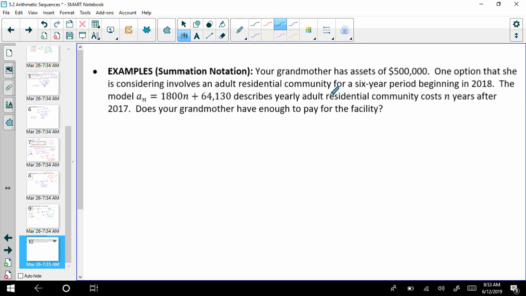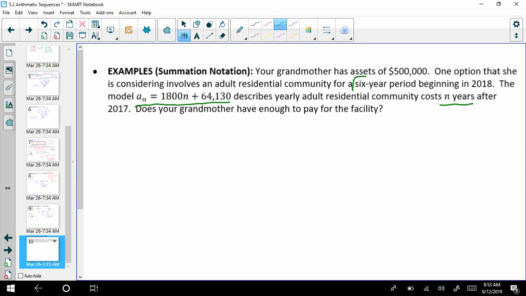So, what do they want me to find? Well, let's see what we're dealing with. I have my sequence, and this is n years after 2017.